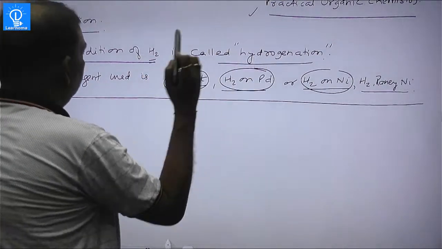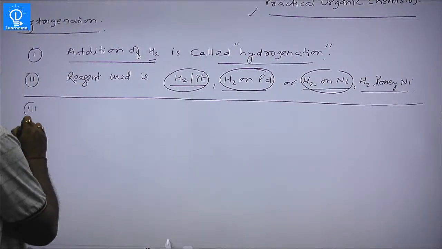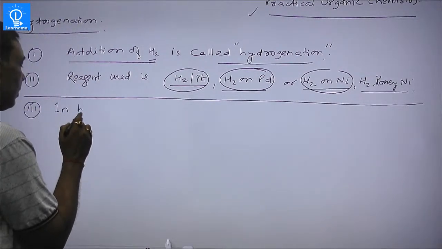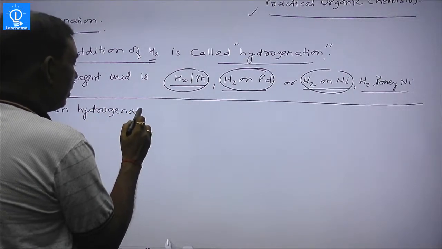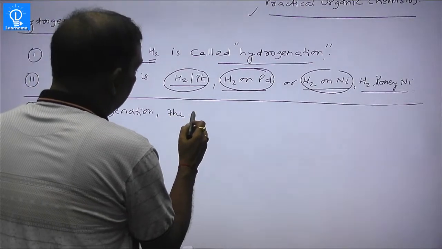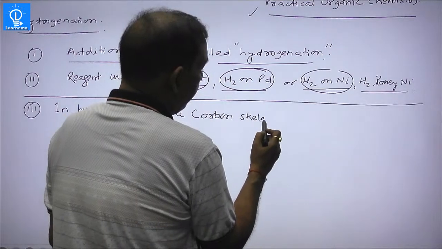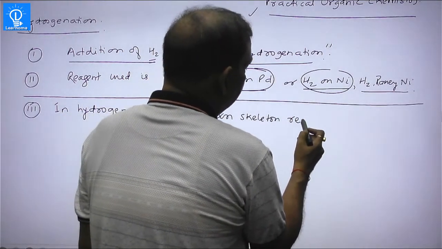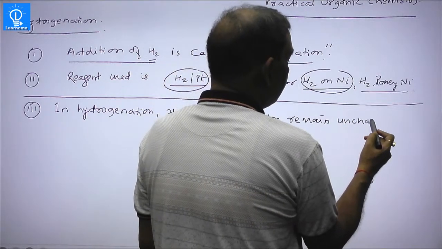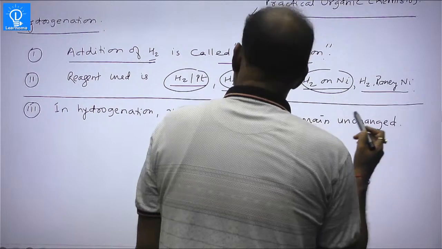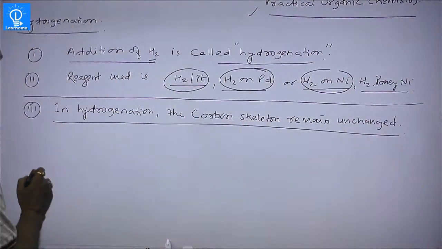Addition of hydrogen is called hydrogenation. Reagent used is H2/Pt. Point number 3. In hydrogenation, the carbon skeleton remains unchanged. Point number 4.